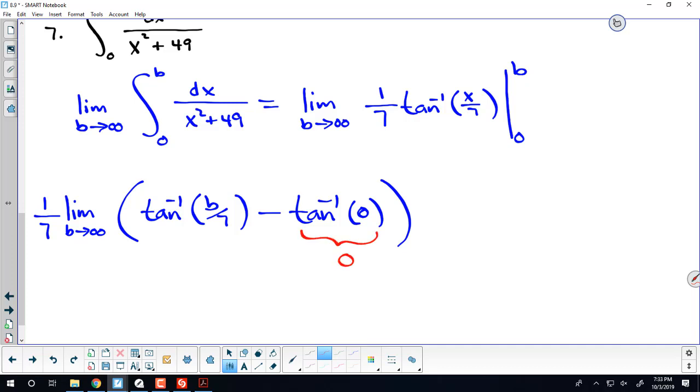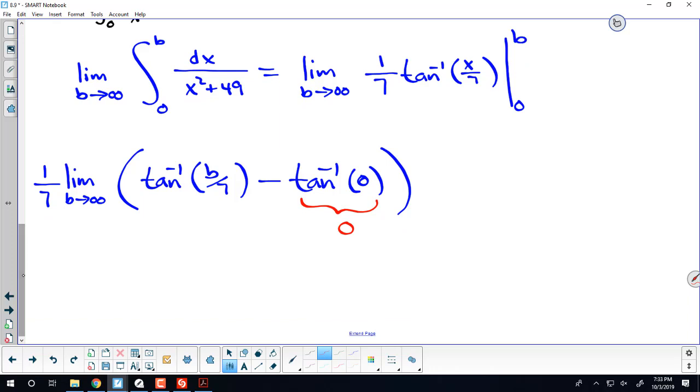What's the limit as b approaches infinity of inverse tangent of b over 7? So that's essentially the same question.